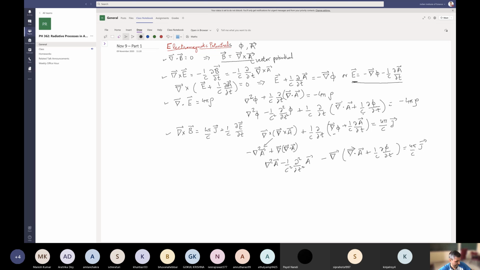and this is the term which is almost the same as what appeared in the equation for phi. Okay, and we know that potentials are not unique. There is something called a gauge freedom, which is very useful to know about. Basically, you have some freedom to choose your potential so that the equations become easy.